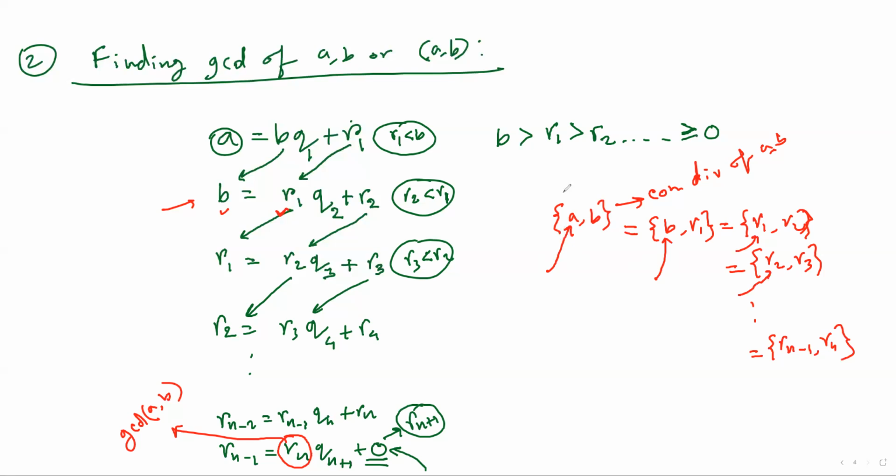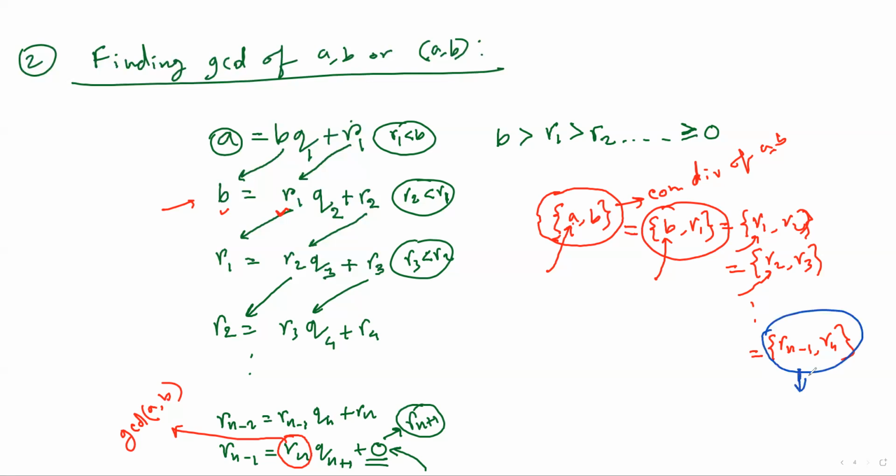Let's define an order relation for this symbol. I mean that this one is greater than this one, in the sense that A is greater than B, the first number of this bracket is greater than the first number of the next. In that sense, we have a decreasing sequence. Now, among all these common divisors, there is one case where we actually know who the common divisor is, and that is the last case.